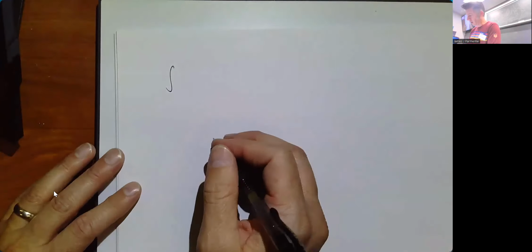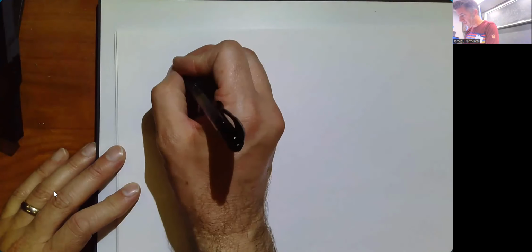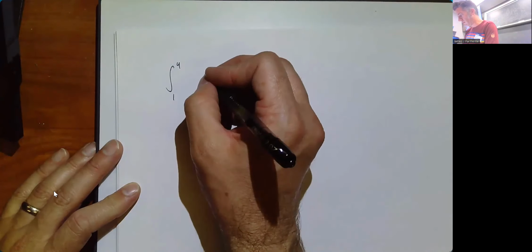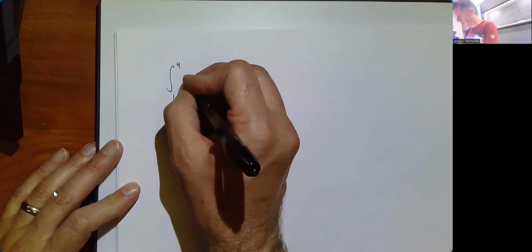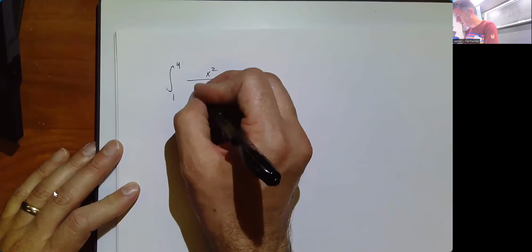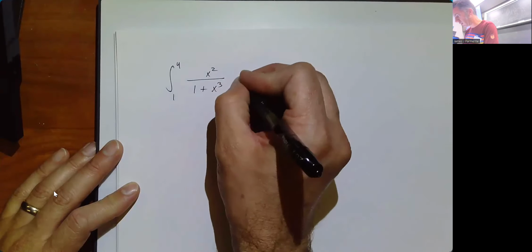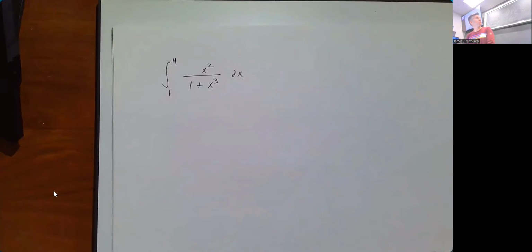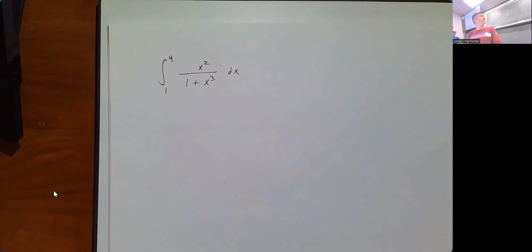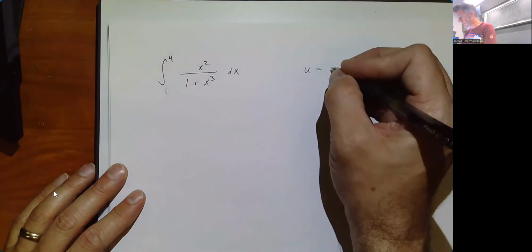Let's do the integral from 1 to 4 of x squared over 1 plus x cubed dx. Our choice for u here is going to be the denominator.